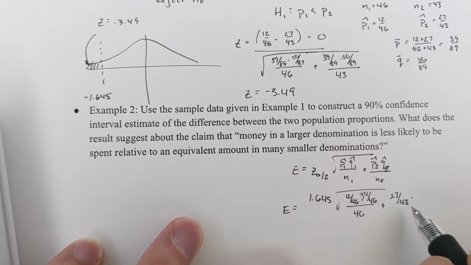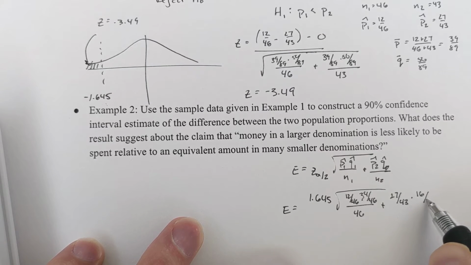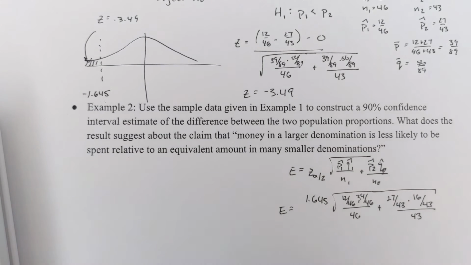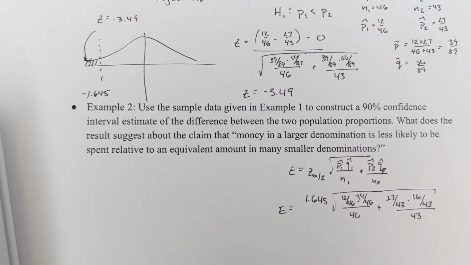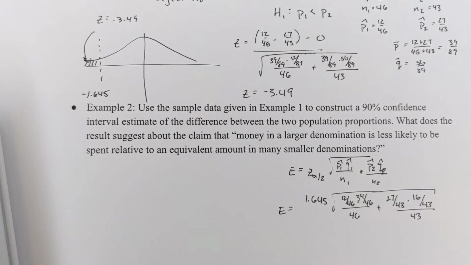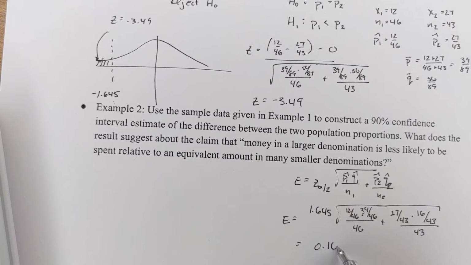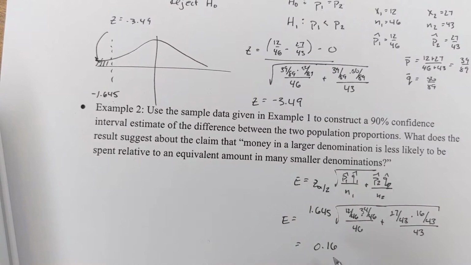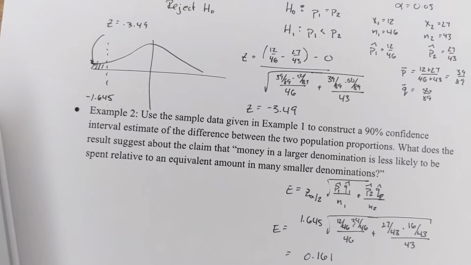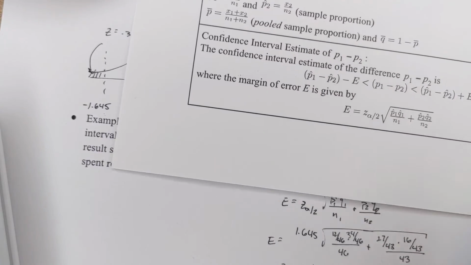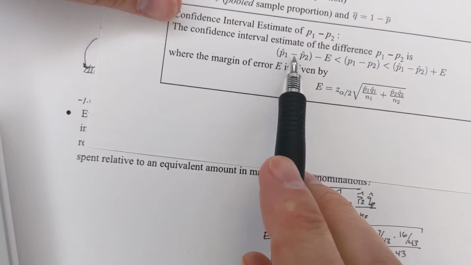So if there are 27 successes out of 43, that means 16 failures. And there are 43 here. So this gives me my error. If we math all this out, I don't really want to type it out, so I've already worked it out: 0.161.